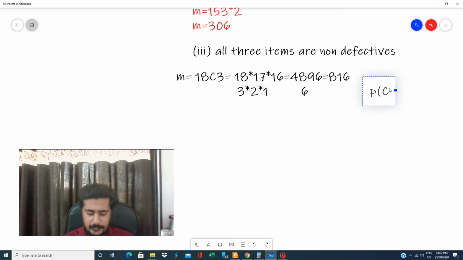The probability P of C is 816 upon 1140.